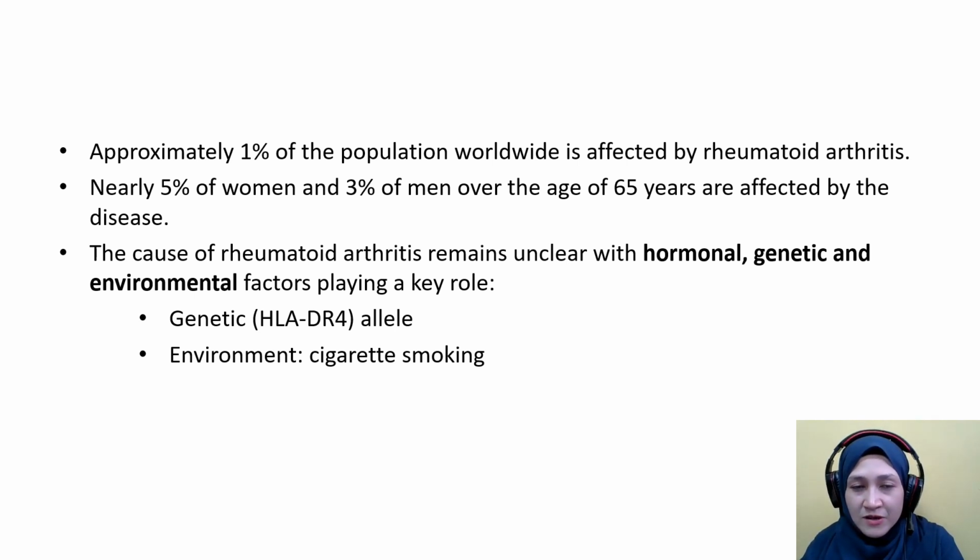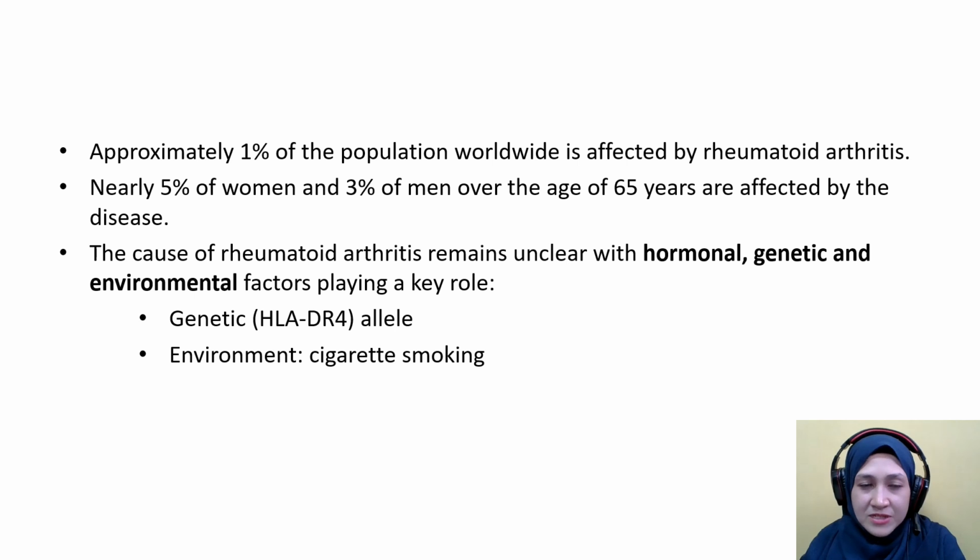So the cause of rheumatoid arthritis is unclear for now. It can be hormonal. It can also be caused by genetic predisposition, and also environmental factors.